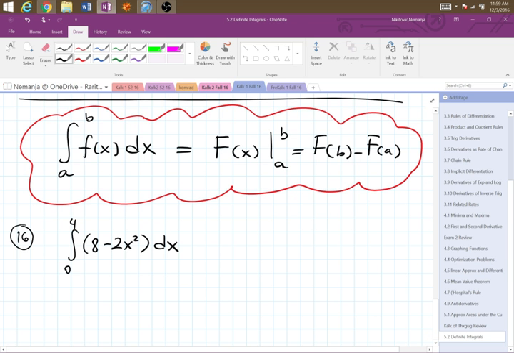You know 4.9. It was on your exam. Use 4.9 to find the antiderivatives of 8 and 2x squared, and then compute whatever you get at 4 first, and then subtract what you compute at 0.